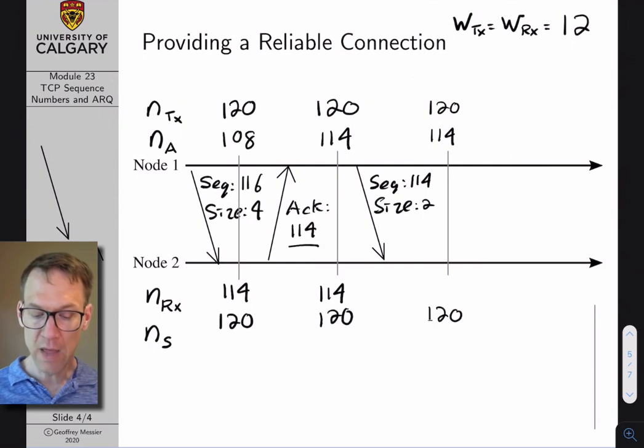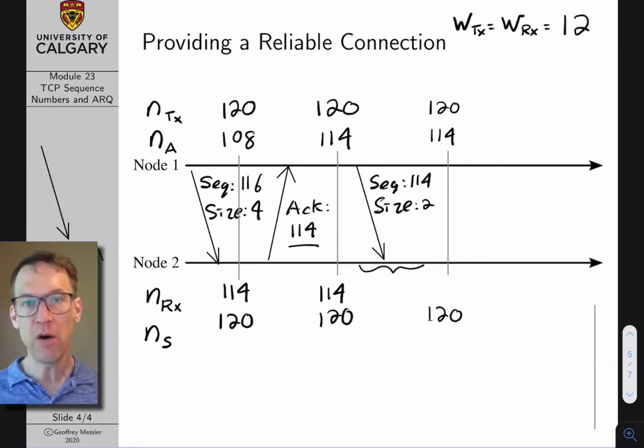So rather than NRX just increasing to the end of this received segment, it's going to increase all the way up to the maximum in-order byte that it's received.